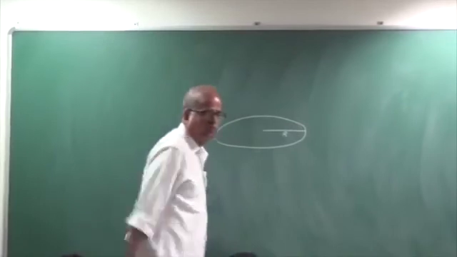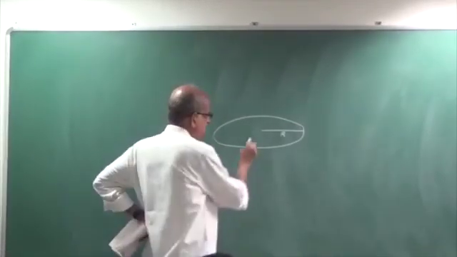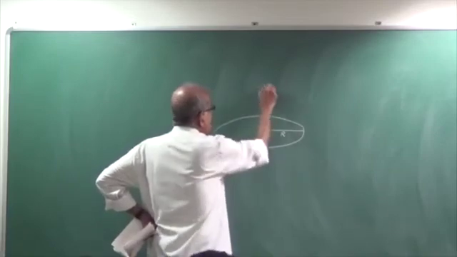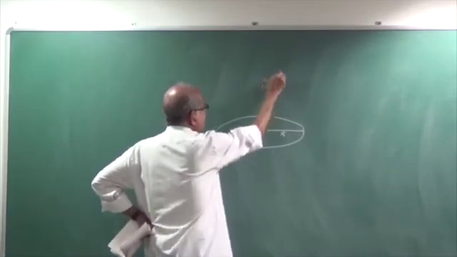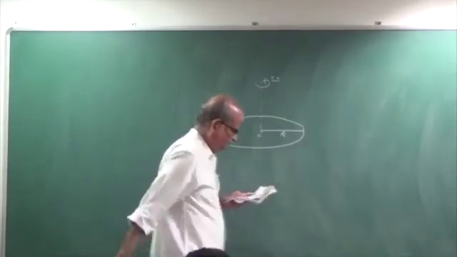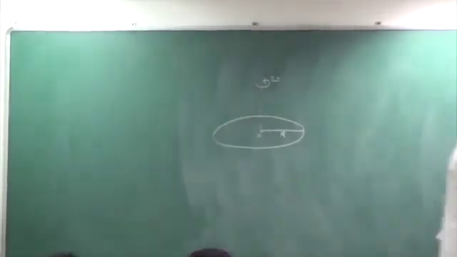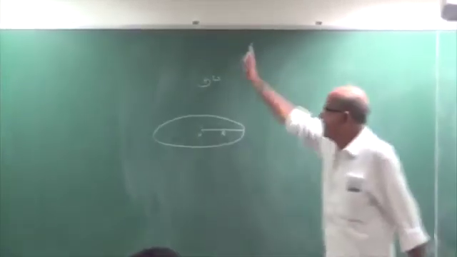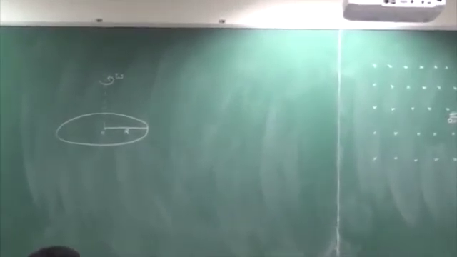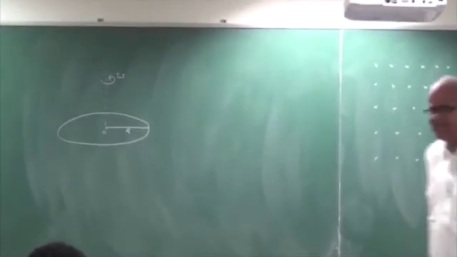The disc has a radius r. The disc is rotating about its axis with an angular velocity omega. The field is directed along the axis. Okay? What's the EMF induced? How do you go about it? Tell me.